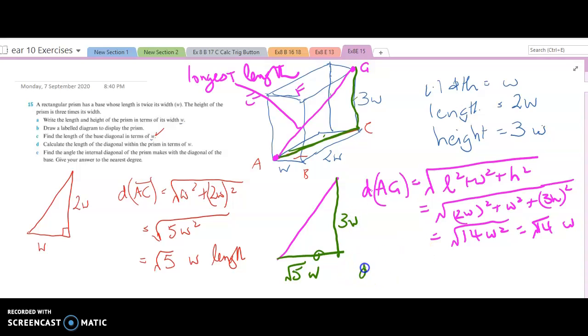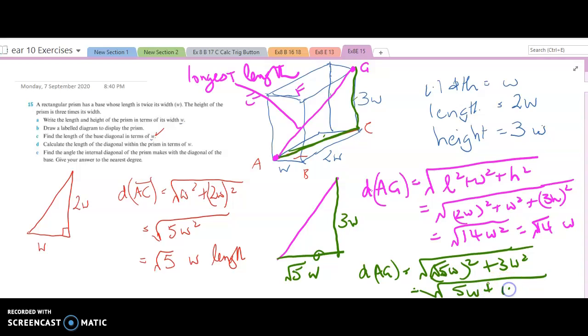So we can work out the length of DG using those two: root 5 W all squared plus 3W squared, which gives us 5W squared plus 9W squared.